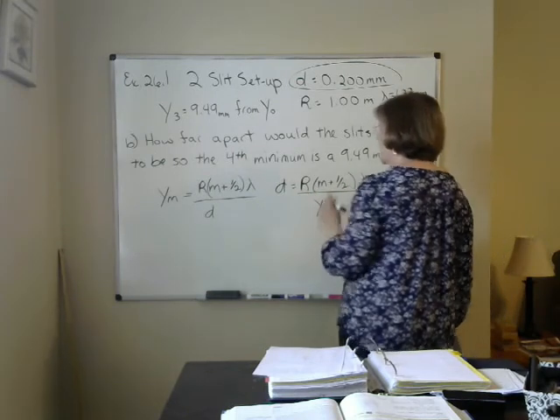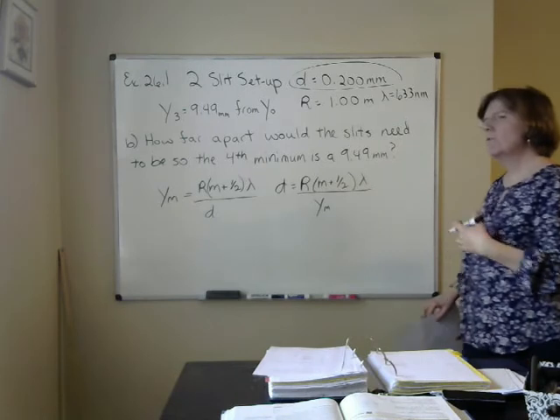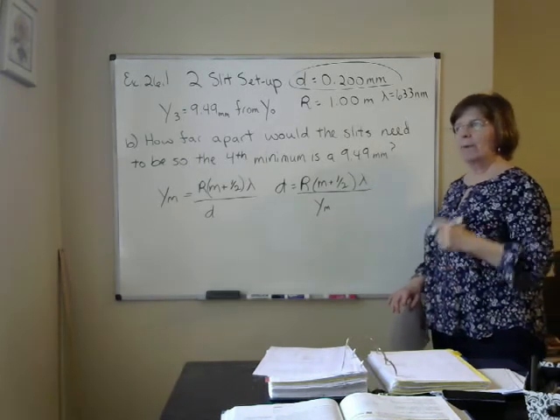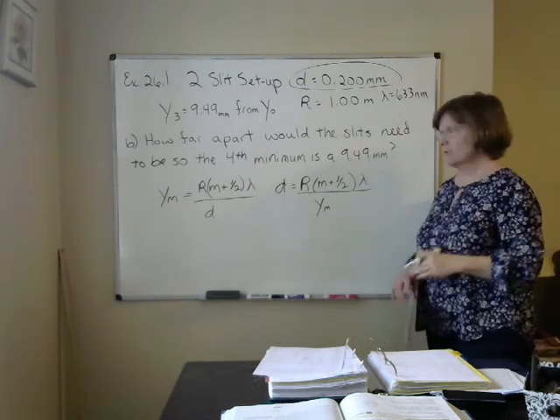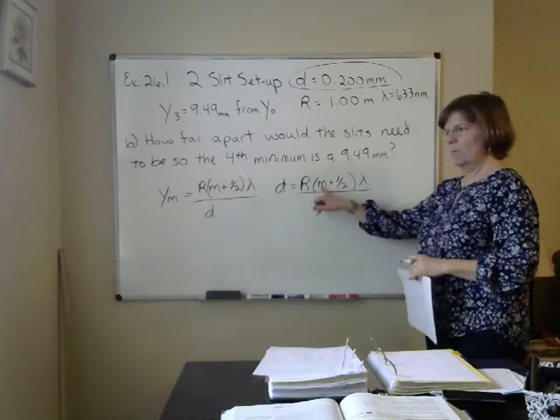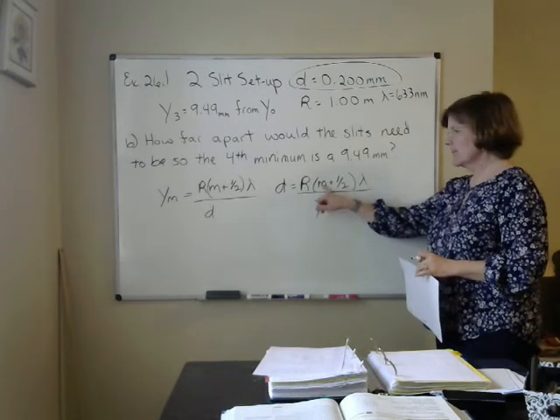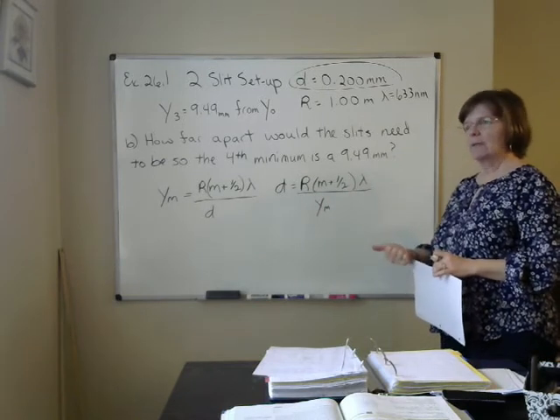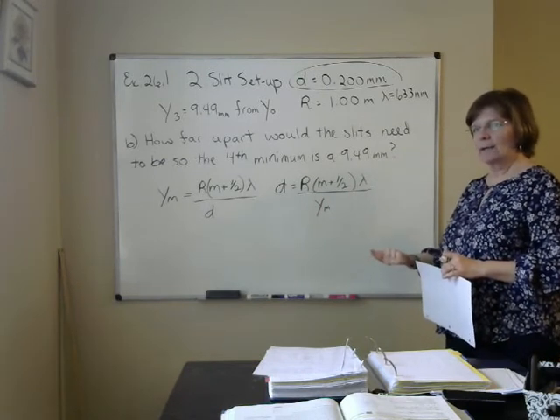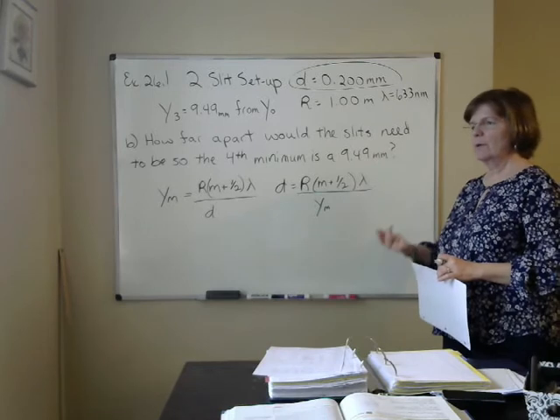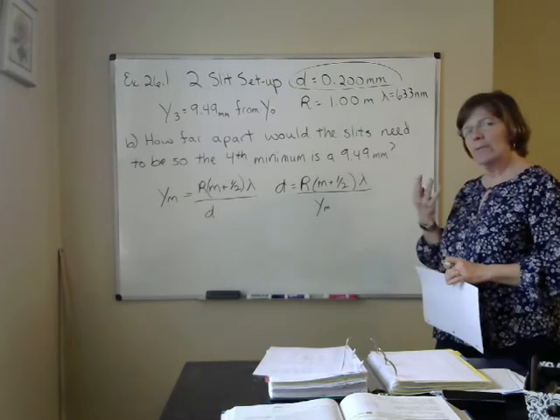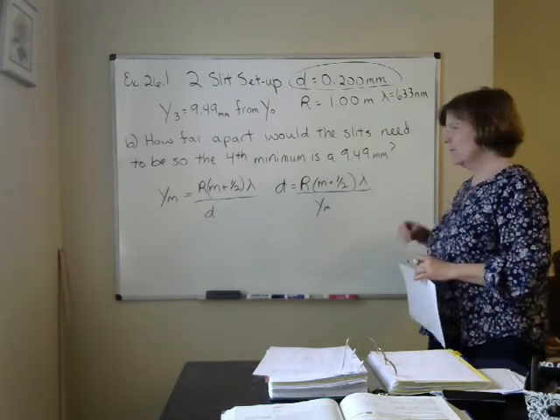Now we need to think about the value for M. It says the fourth minimum, but the first minimum occurs when M is 0, when they're exactly 1/2 wavelength apart. So the first minimum is for M equals 0, the second one is for M equal 1, then M equal 2, then M equal 3. So the fourth minimum actually is M equal 3.